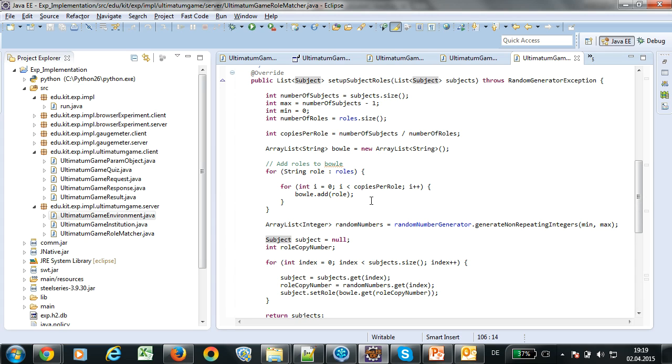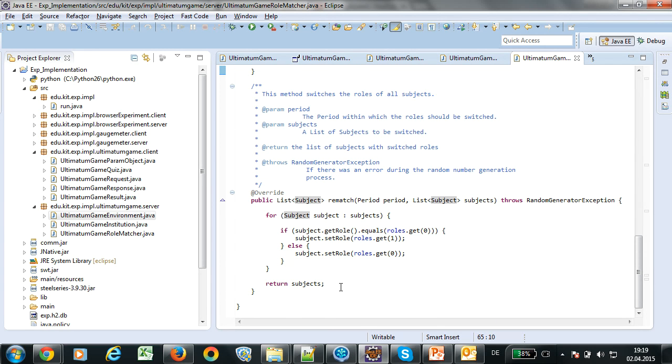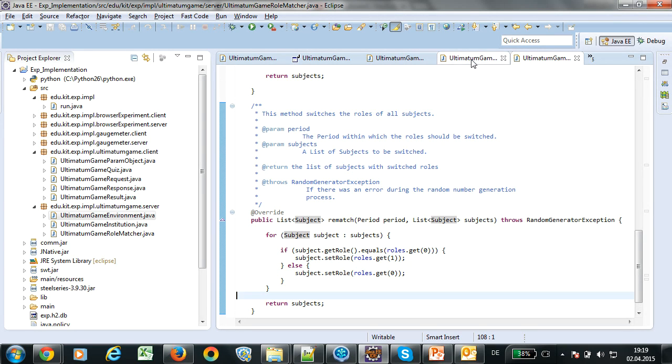So in this case, the logic is rather straightforward. We basically try to randomly assign a role to a subject in the first round. That's what the random generator does. And then in the rematch function, we try to swap the roles depending on what he was assigned in the earlier round. So this is pretty much the simplest logic that is happening in this case.